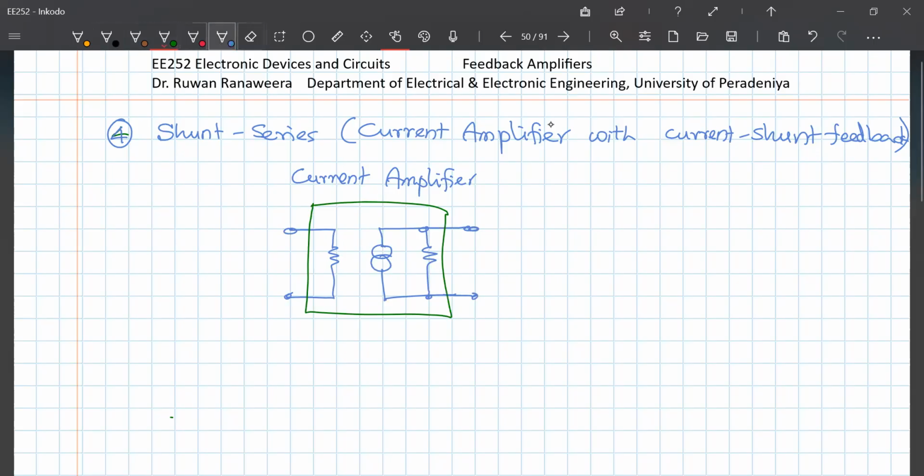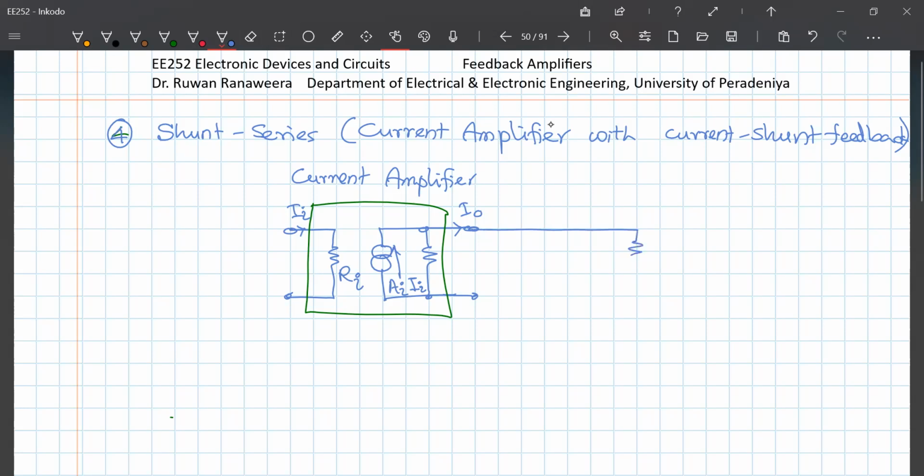I have input impedance, and you have AI times II, right? So the II is this input current, that is the input quantity that we are using, and output is a current like this. Now remember, the direction of current is just a convention. I have taken current coming in and going out so that the gain is a positive constant. If we mark it in the opposite direction, the current gain will be a negative value. So we don't really pay too much attention to that at this point.